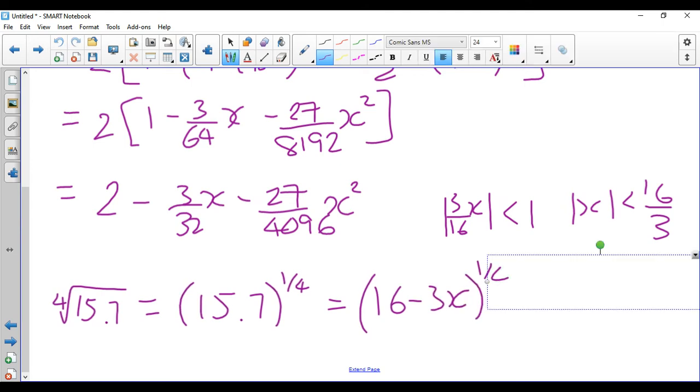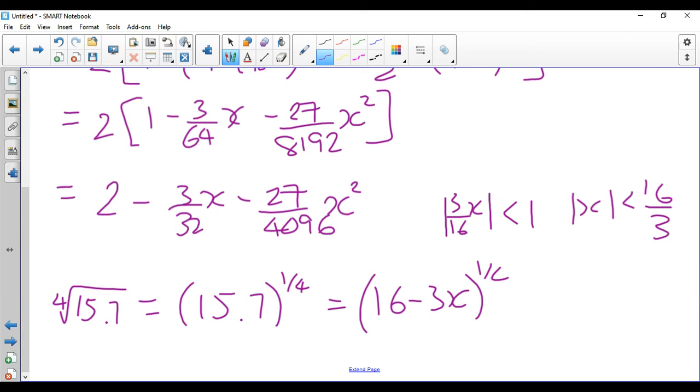Oh, look, that pretty much matches. The powers are the same. So what I need to do is make the insides the same. And actually, I can do that in my head. Now, I would like 15.7, that's 0.3 less. I was doing 16 minus 3 lots of something, so x is equal to 0.1.